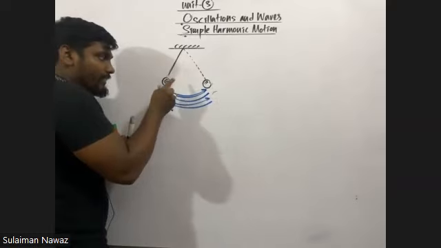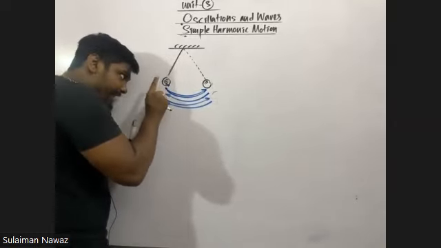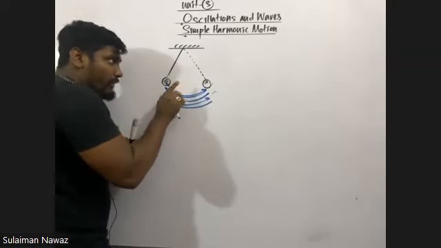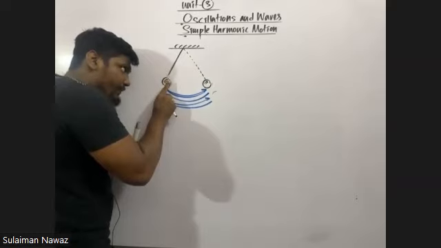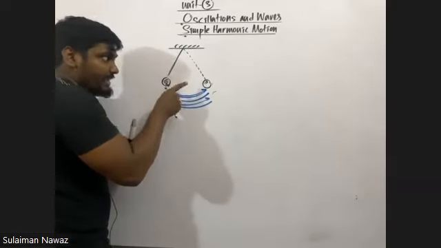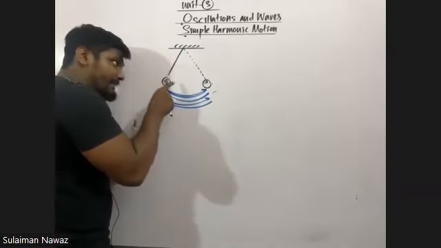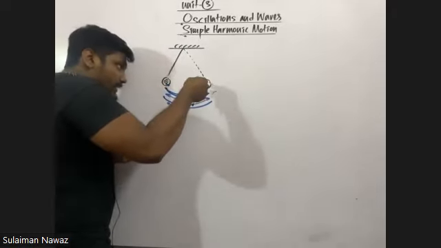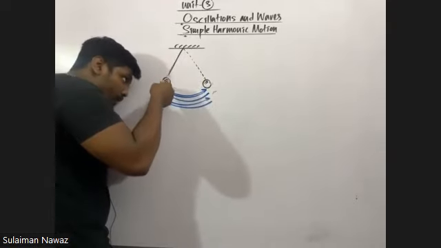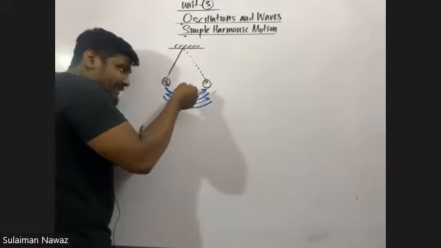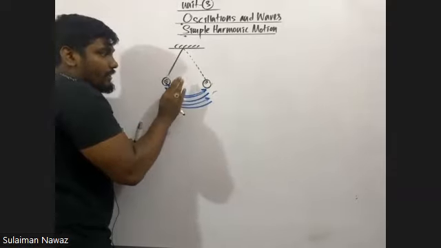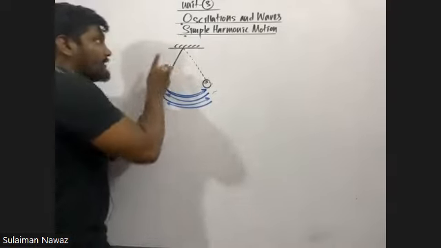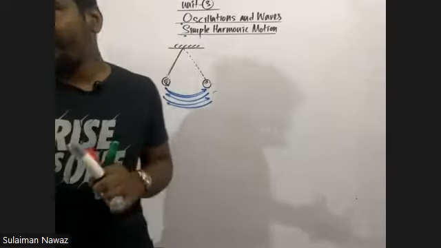So the simple pendulum repeats the same motion again and again. Therefore, we call the motion of the simple pendulum a periodic motion. It goes in this direction, comes back to the initial position, and goes again. The motion is repeating, so this type of motion we call periodic motion.